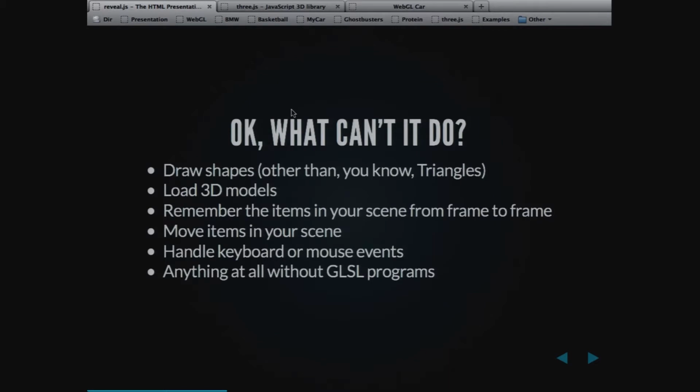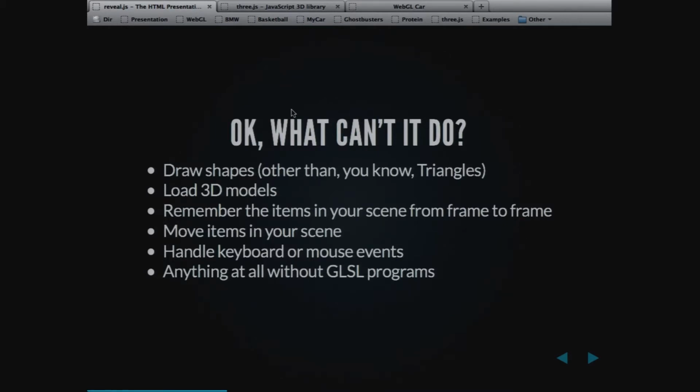Now, once you get the stuff into the scene, you draw it to WebGL, and then the next frame comes along, and you can't just say, okay, take that car I drew and move it 5 pixels to the right, because once you get a new frame, it's gone. It's a blank slate. So you have to remember where all your objects are and what all your objects are, and you have to handle moving them around as appropriate.